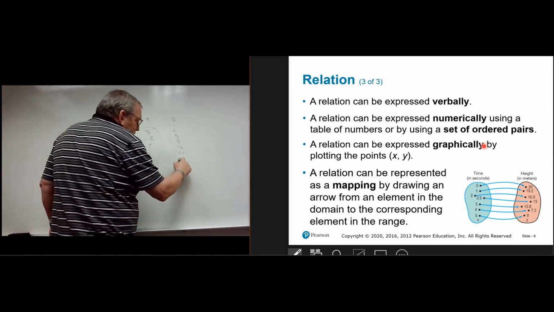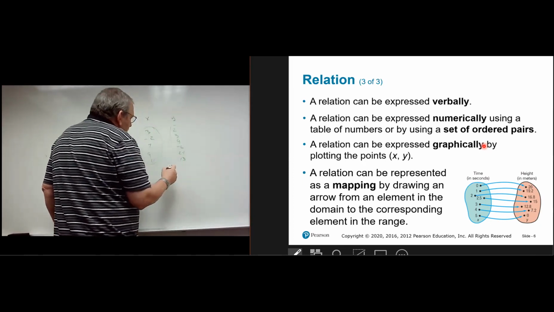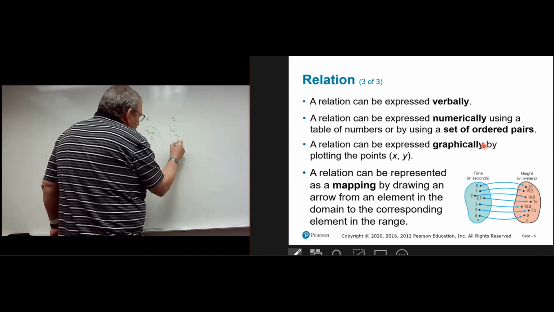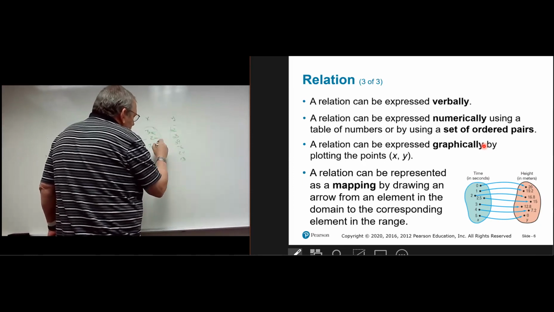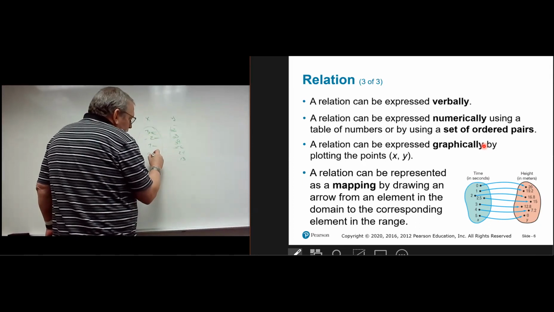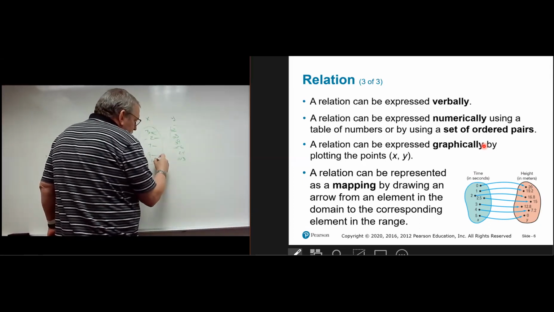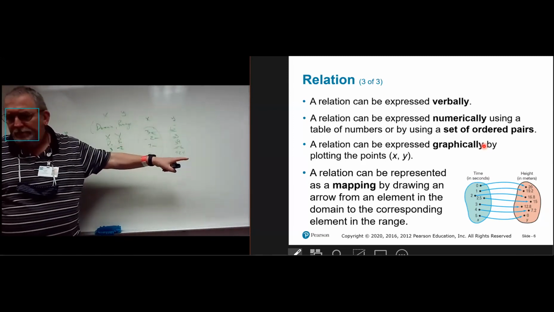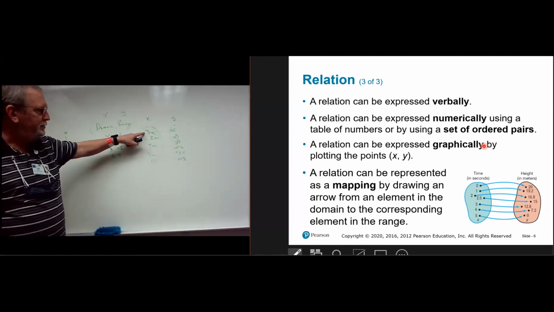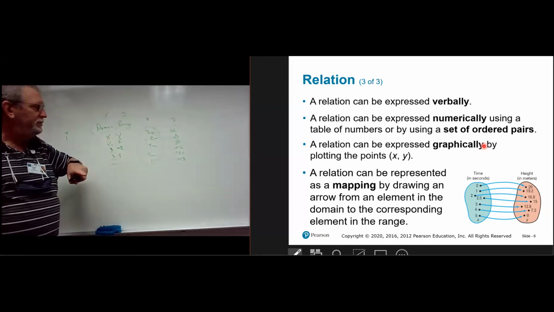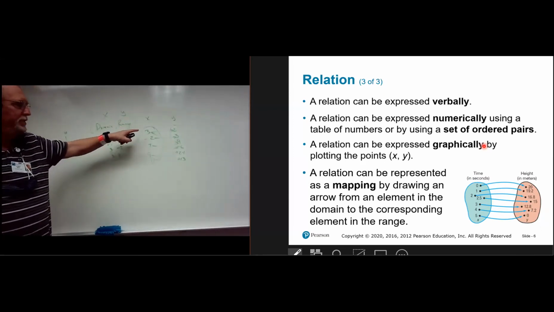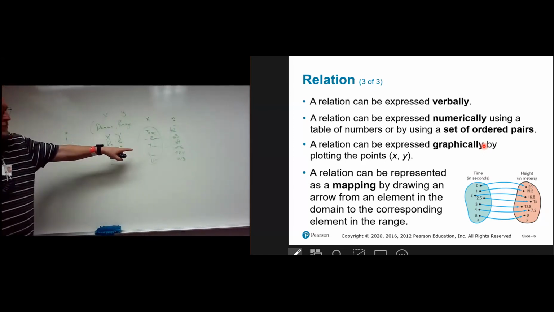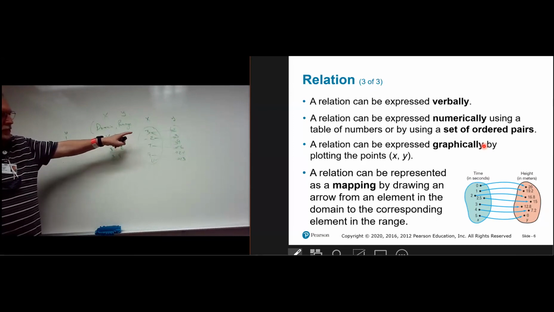I already have a 3, so I'll make it 13. I like 13. So 3 goes to there, and 3 goes to there, and -2 goes there, and 7 goes there, and 9 goes there, and 4 goes there. The arrows show the pairings. Please notice 3 goes to 2 different numbers. 3 goes to 2, and 3 goes to 9.